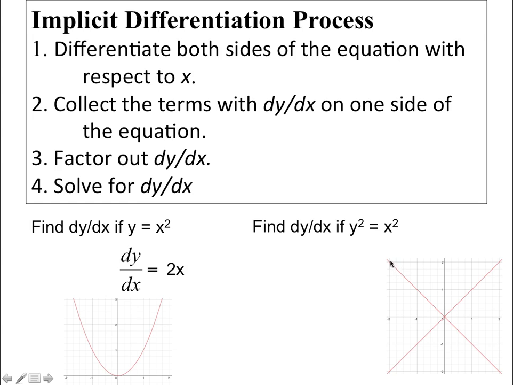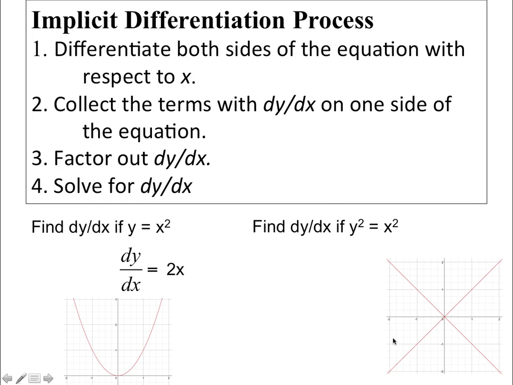So if you think about that, the plus square root of x squared gives you the top portion of this relationship, and the negative square root of x squared gives you the bottom portion of this expression, or the bottom part of the V.